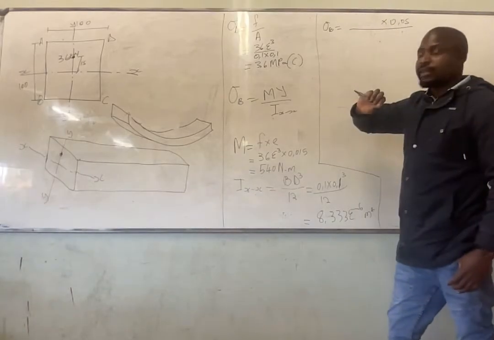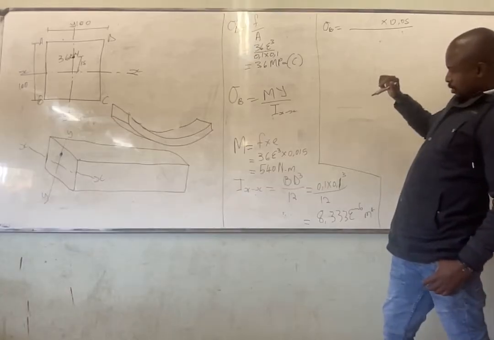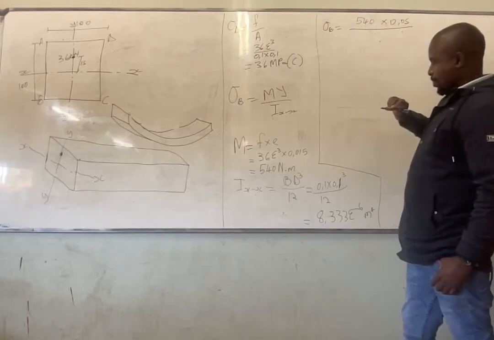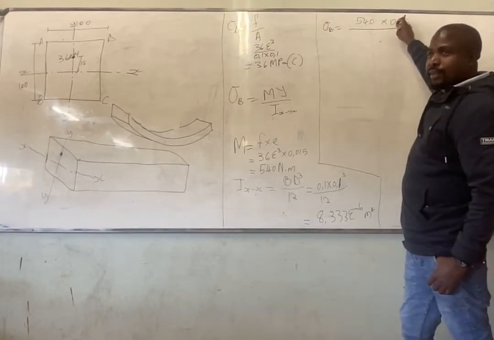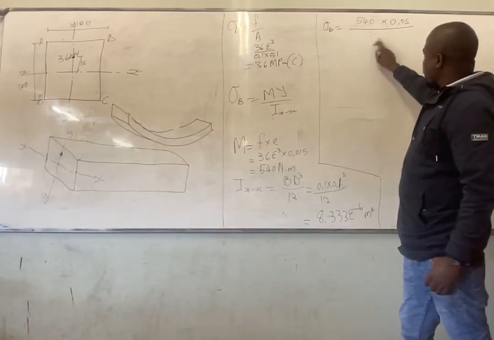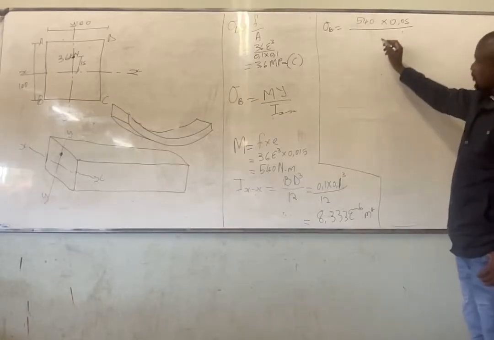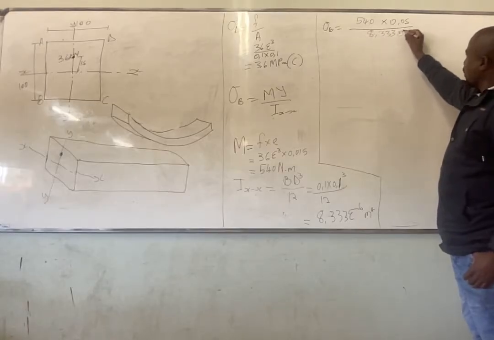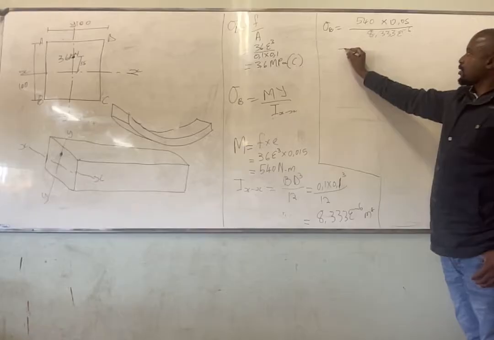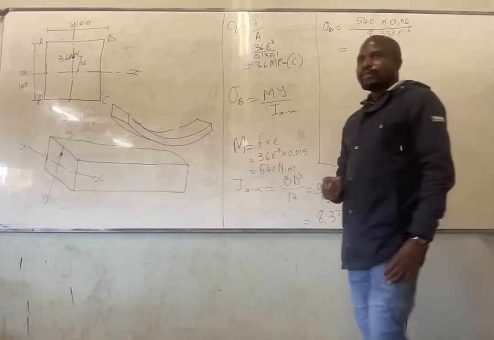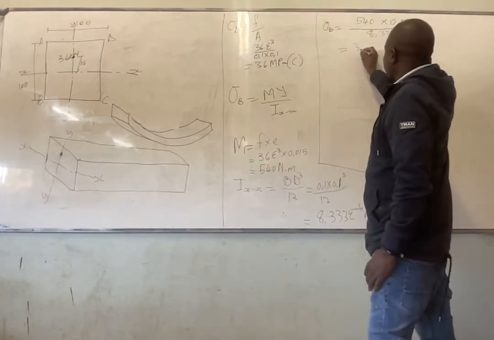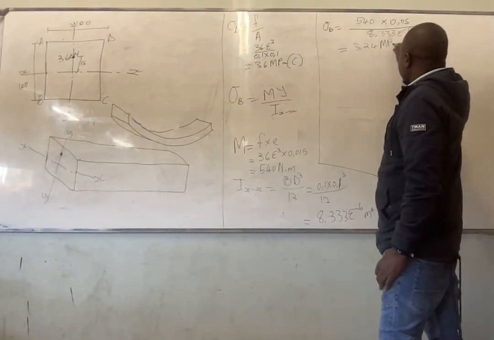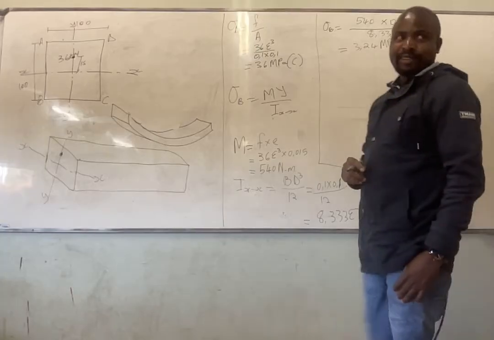What is our bending moment? 540, yes. Then what about our I? 8,333 exponent negative 6. And y is equal to 0.05, ne? And what do you get there? 3,24 megapascal. I do not want to write before you tell me.